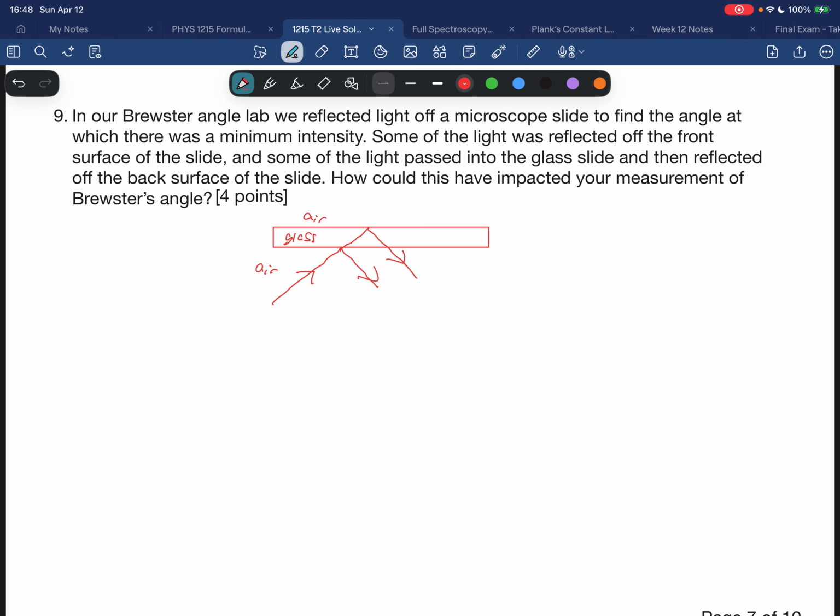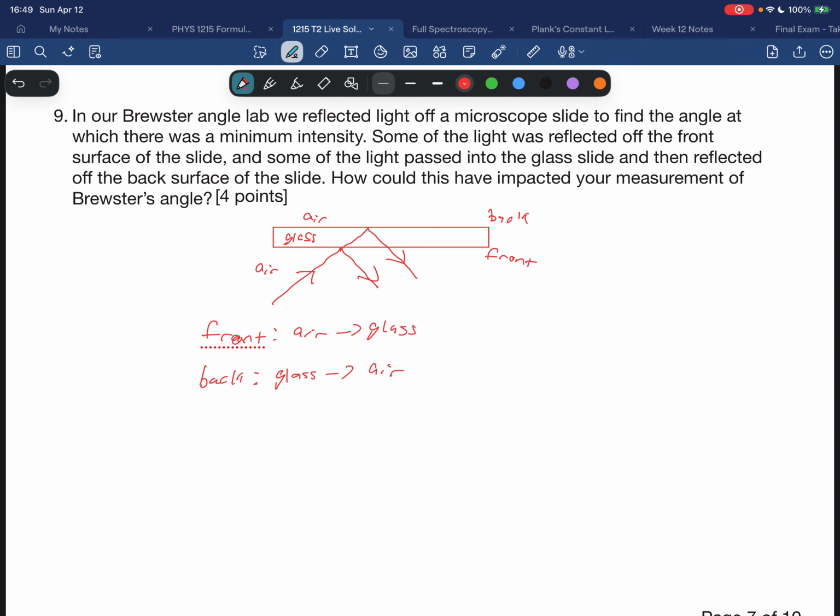So at this first interface, the first reflection off the front surface, so front, back, the reflection off the front surface is air to glass. And back is glass to air. Right?